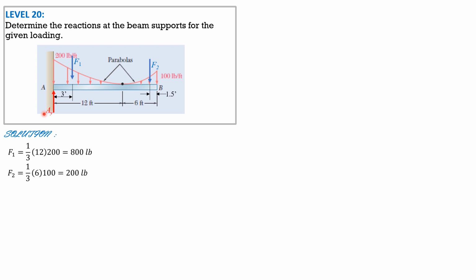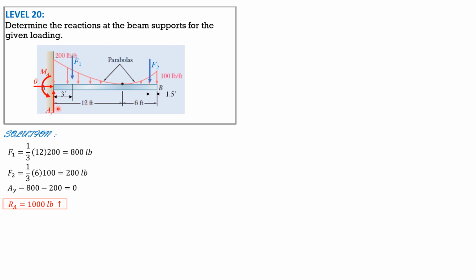So for the reactions, we have AY, AX is 0, and moment counterclockwise at A. So summation of forces in Y equals 0, AY minus 800 minus 200 equals 0. So AY equals RA, because AX is 0, so RA is 1,000 pounds upward.